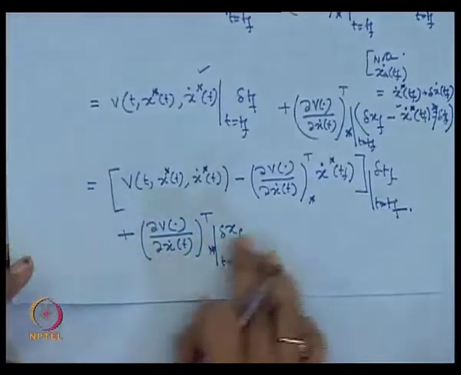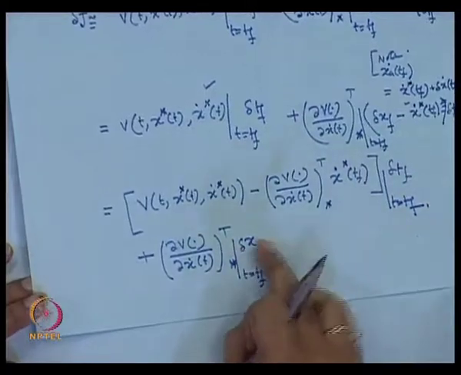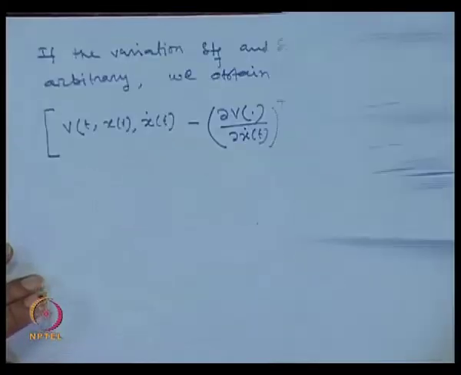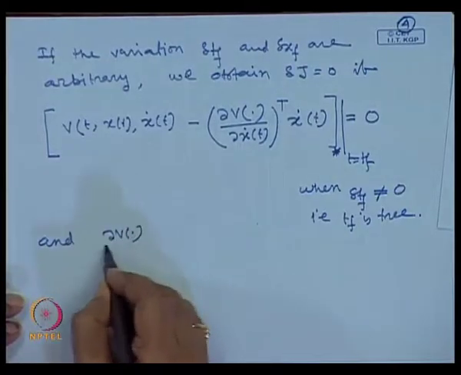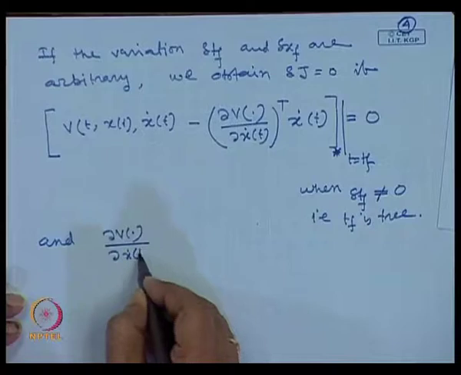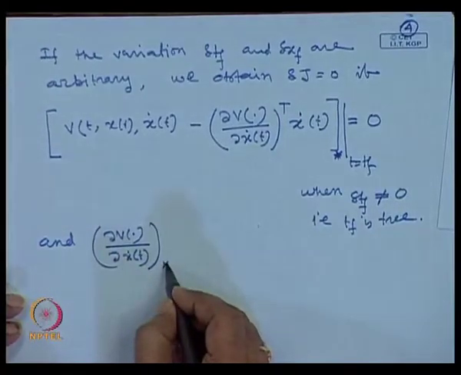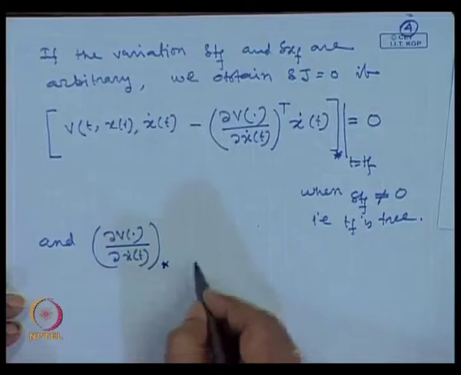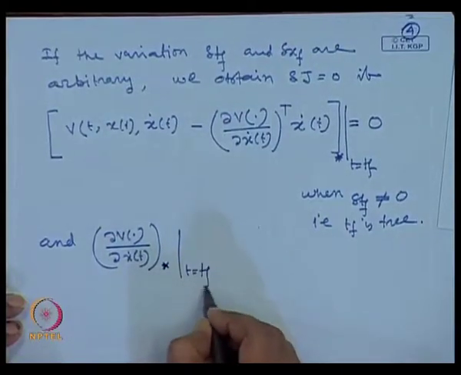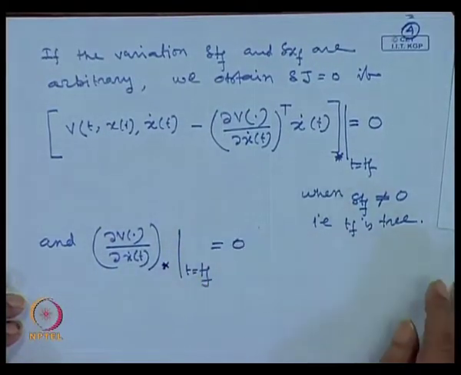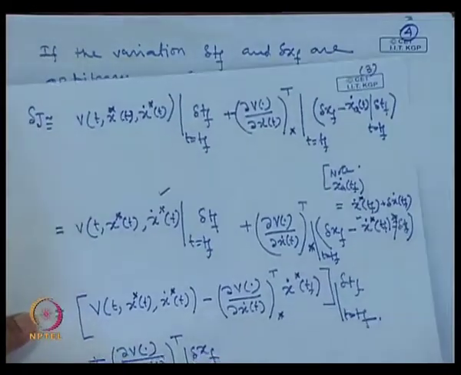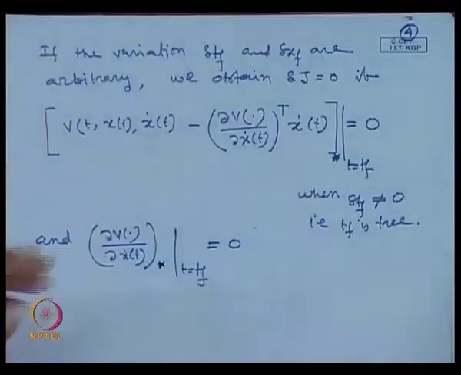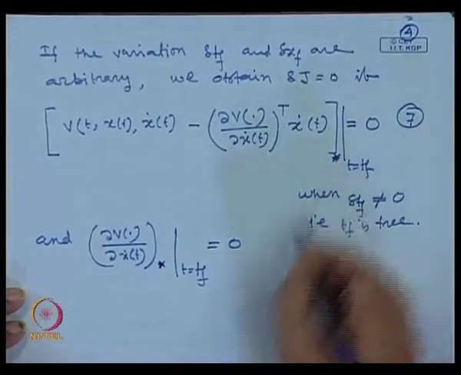Another condition, if x f is free, arbitrary, then this is not equal to 0, so we can assign it equal to 0. And another condition is that del V del x dot of t star at t is equal to T f is equal to 0. Agree? So, we have used the equations up to 6, let us call this equation 7 and this equation 8.